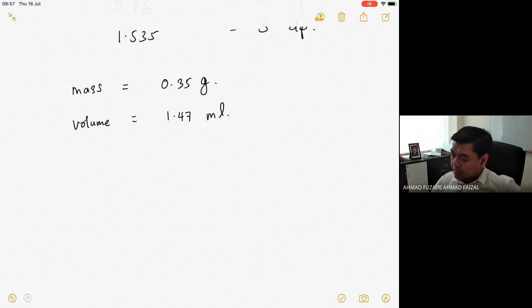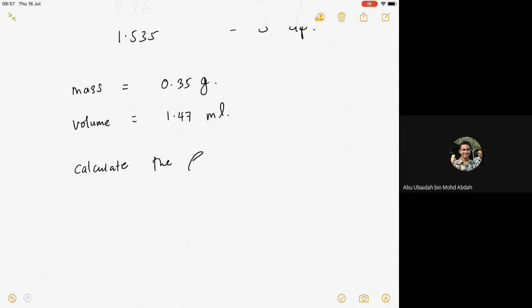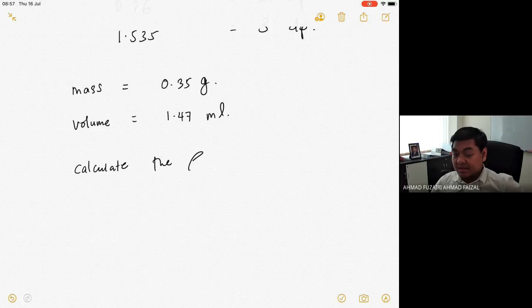Calculate soalan dia. Calculate the rho. Apa dia rho? Density. Correct. It's a density. Calculate the density.